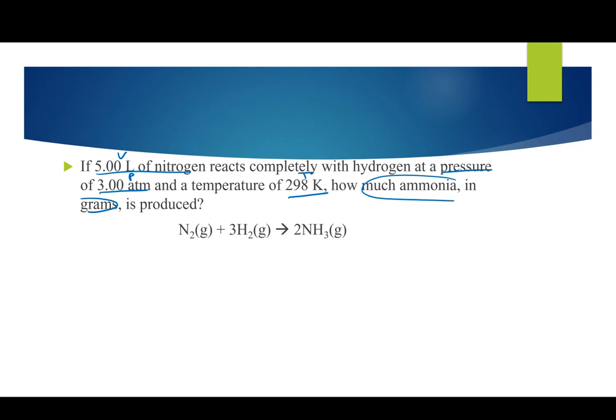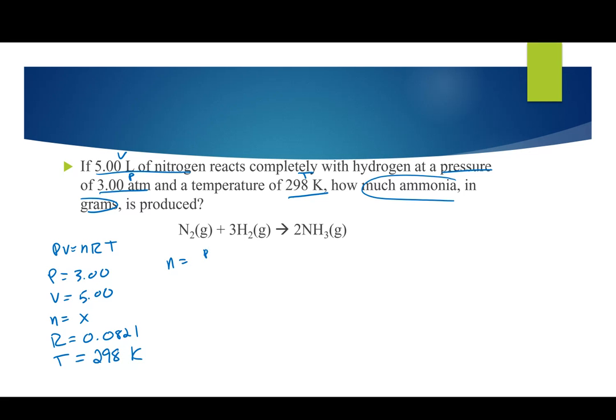It's not at STP. I cannot use 1 mole is 22.4 liters, so I have to get around that somehow. Looking at my variables, I can get around it by using the ideal gas law, where my pressure is 3 atmospheres, my volume is 5 liters, my n is unknown just because it's not given in the problem, R is a constant, 0.0821, T is 298 Kelvin.